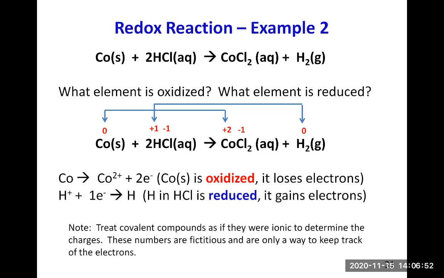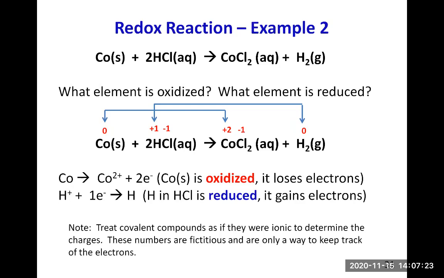So you may be confused here on how we find out the charge on the elements. You want to treat covalent compounds as if they were ionic to determine the charge. For ionic compounds and for elements in their natural state, it's a given. Elements in their natural state have 0 charge. Elements in ionic compounds have the charge of the corresponding ion.